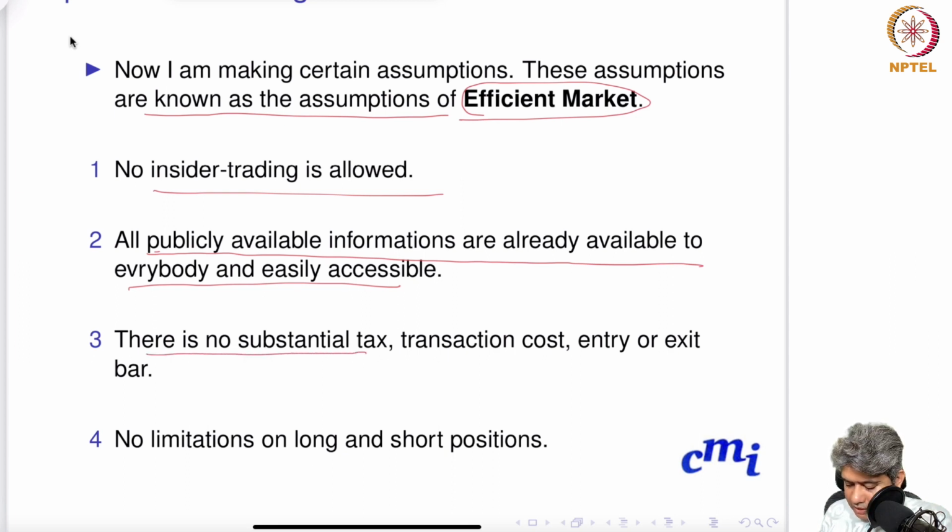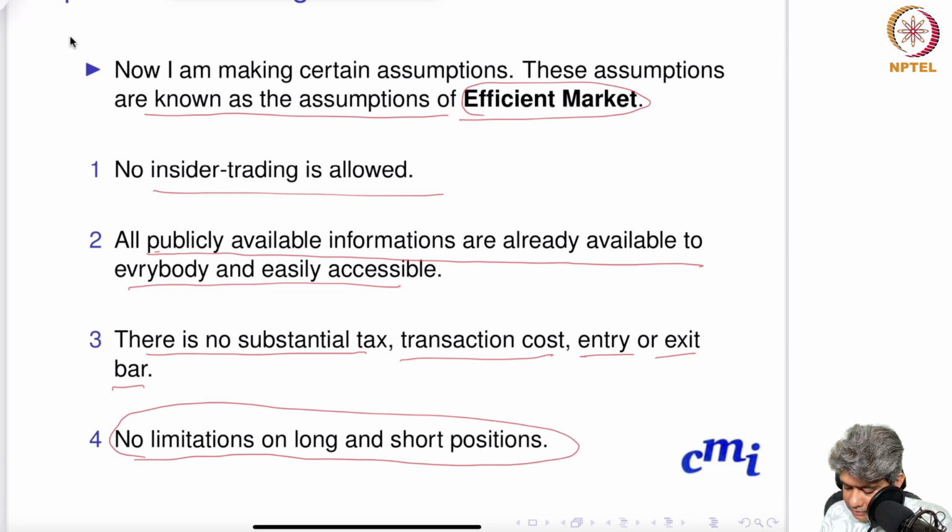There is no substantial tax, transaction cost, entry or exit bar. No limitations on long and short positions. This short position assumption is a bit questionable because in any market, they typically don't allow unlimited short positions. They do allow some kind of short positions, but not unlimited.